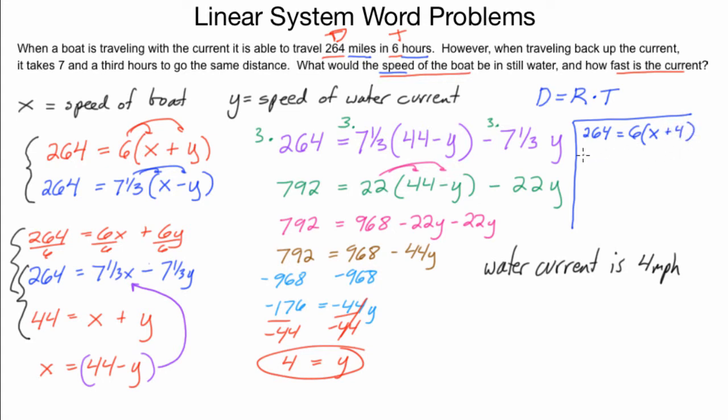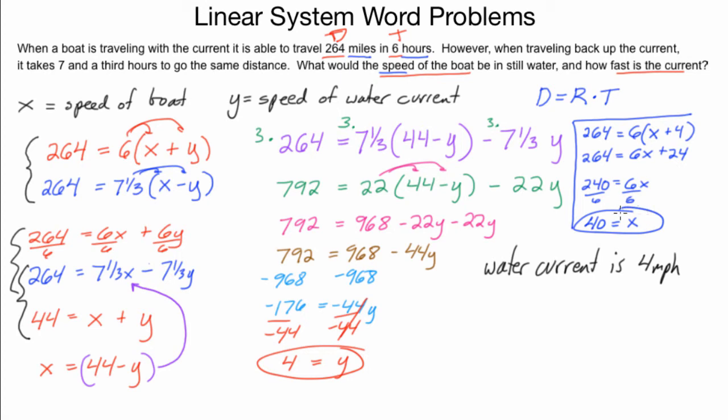All right, if I distribute that out, I get 264 equals 6x plus 24. Let's subtract 24 from both sides. So now I've got 240 equals 6x. And if I divide both sides by 6, we get x equals 240 divided by 6 is 40.